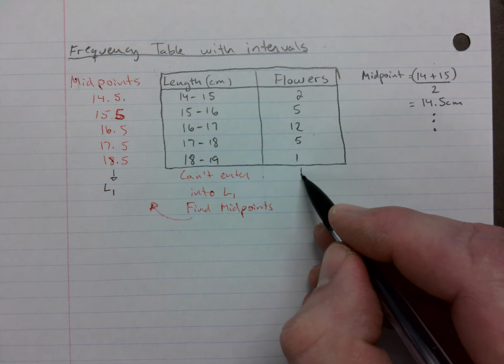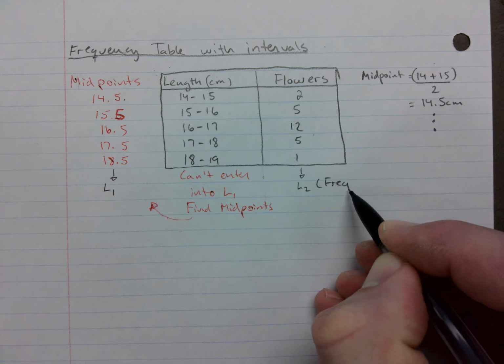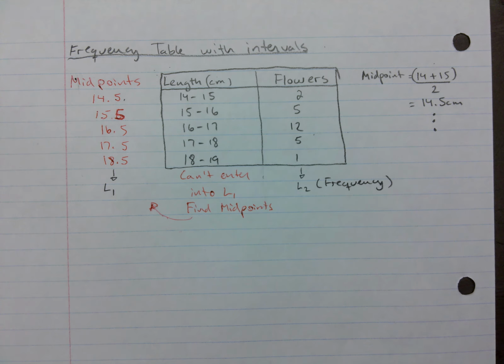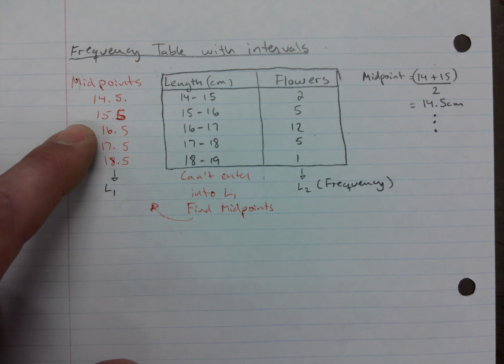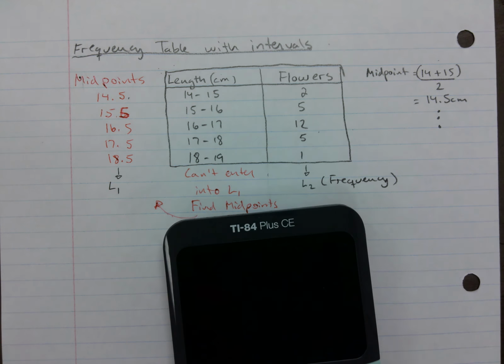And then the frequency goes into L2. I left some room here, and you will have room on an AC or test to do that on the side. I will actually look for that, and I will give you a mark for finding the midpoints.